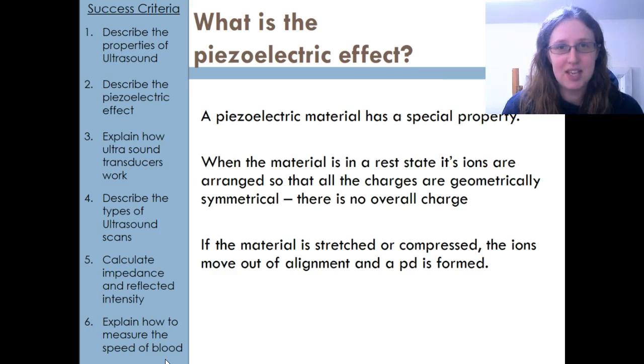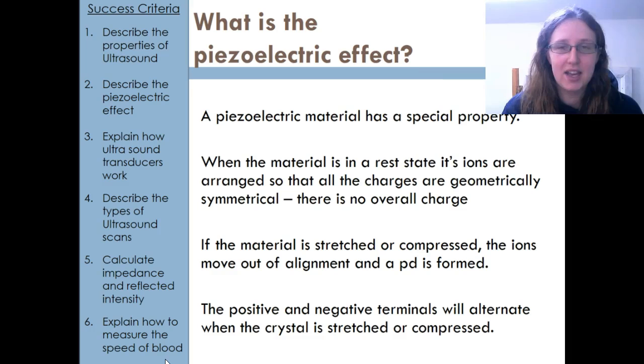So instead of them being evenly dispersed, so there's no overall collection of charge, once I squash it or I stretch it, those charges shift so that there is a potential difference, there is a banding up of the charges. And if I squash and compress and bounce it backwards and forwards, what I find is that positive and negative flip sides. So I can make an alternating potential difference by vibrating this crystal.